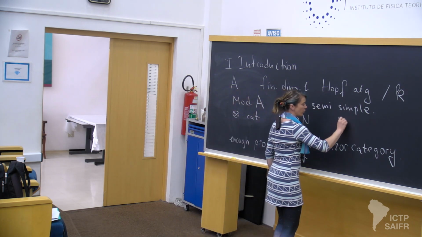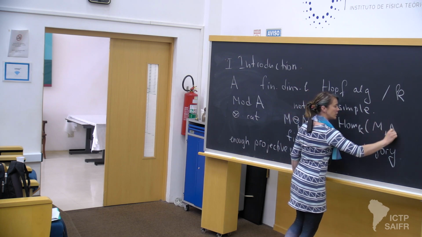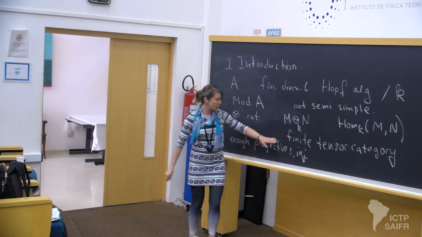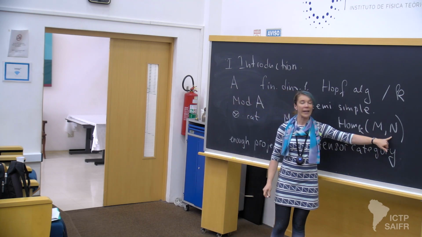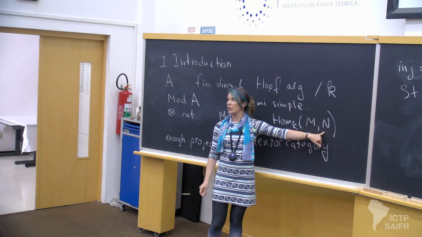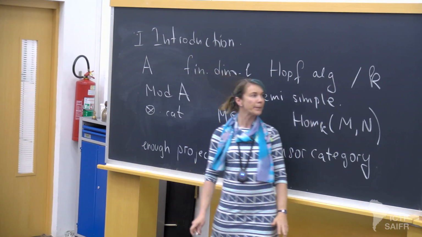Actually, we also have an internal Hom in this category, which is relevant to it being a finite tensor category, where we use both the coproduct and the antipode to define the action on the internal Hom. So just linear Hom, and then the Hopf algebra acts on it.